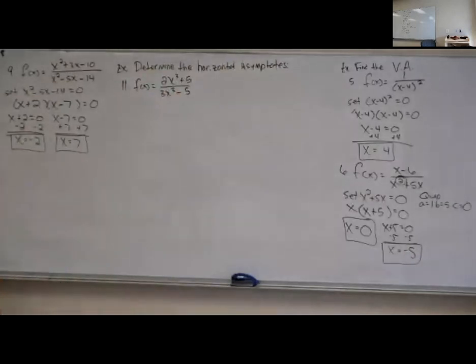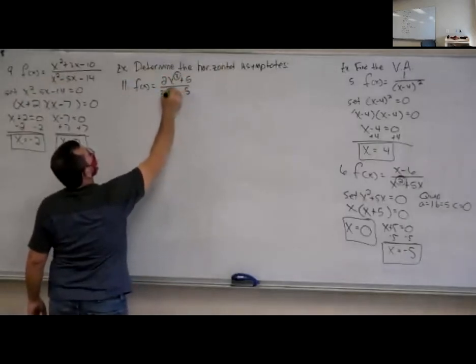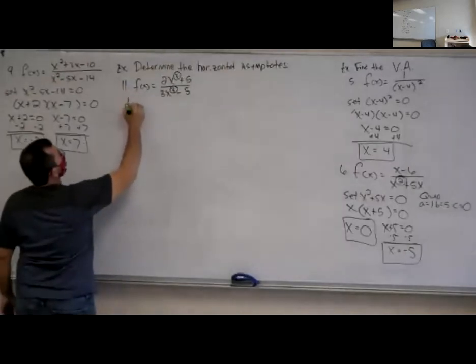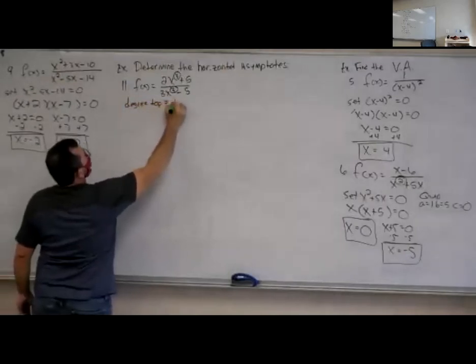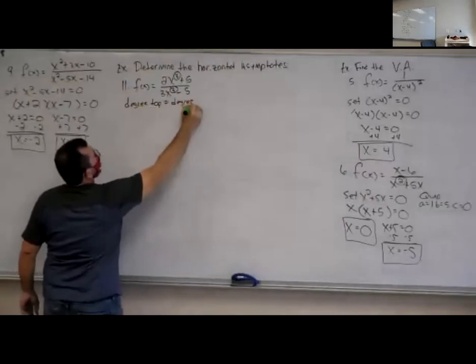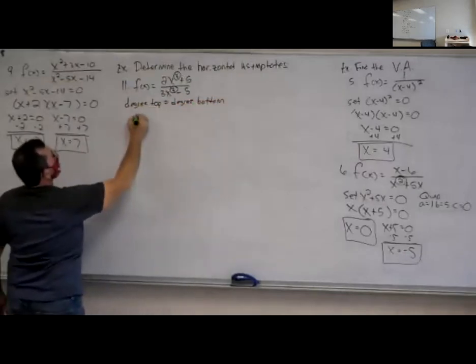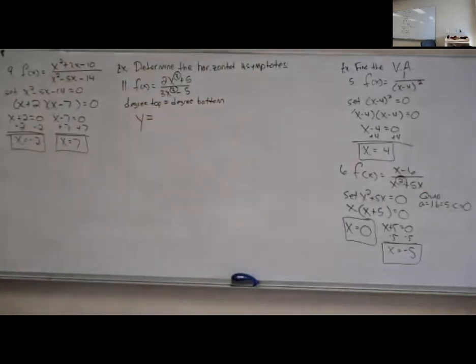So the degree on top is a 3. The degree on bottom is a 3. So the degree of the top equals the degree of the bottom. So in that case, I said y equals a over b. A was the lead coefficient on top.